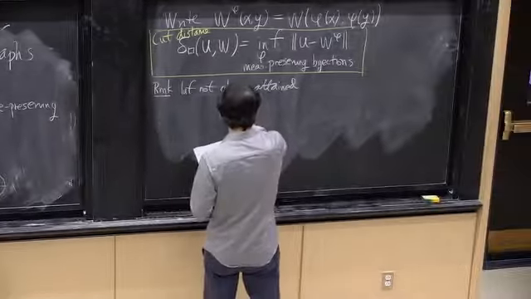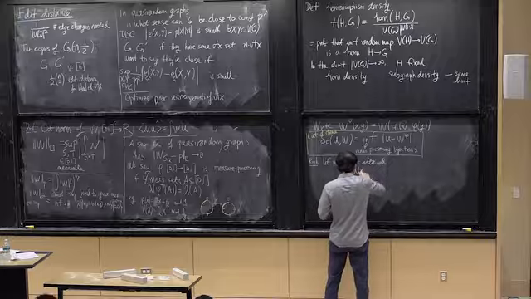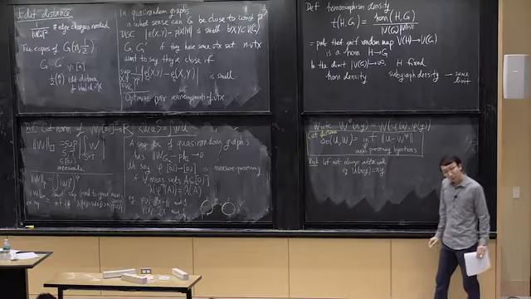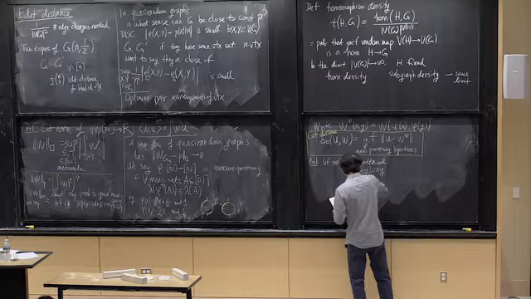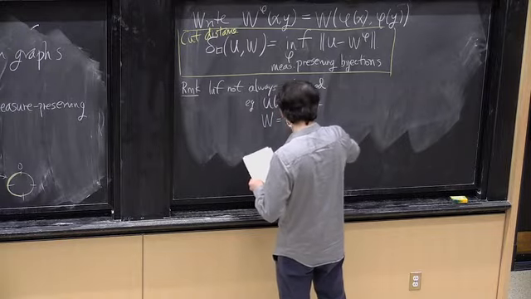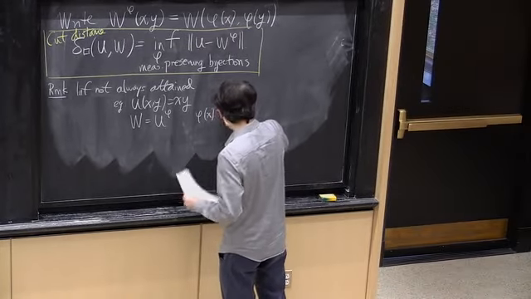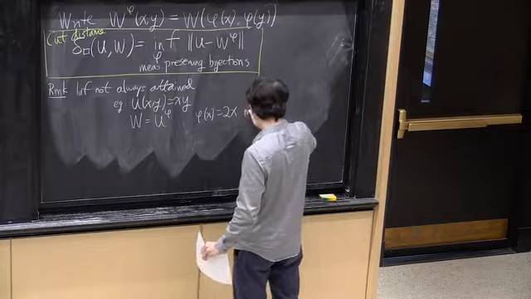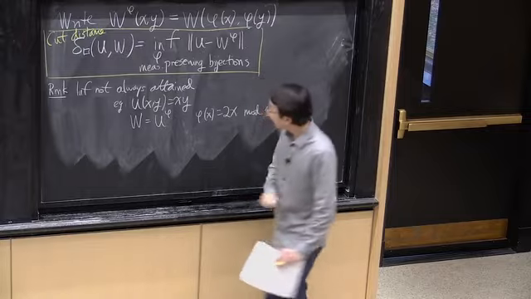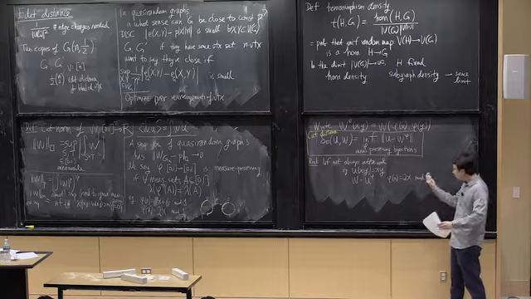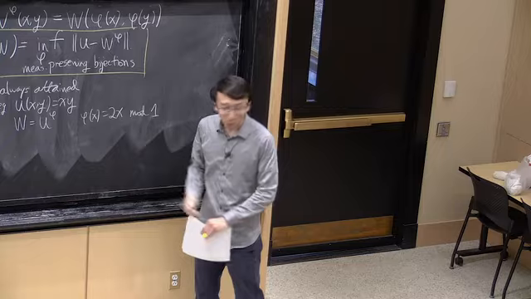For example, if u is the function x times y, so there's a graph on xy, and w is u phi, where phi is the map that sends x to 2x, then in your mind, you should think of these two as really the same graphons.